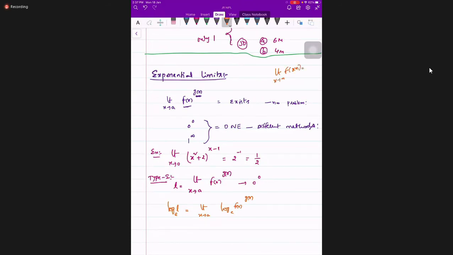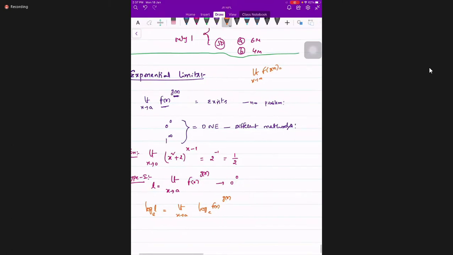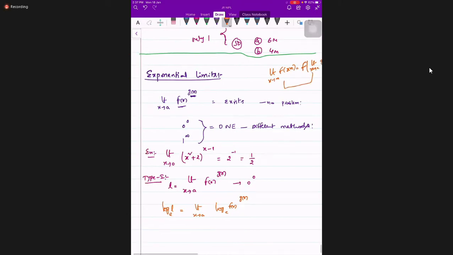What is the limit of f of g of x? I have written it like this, right? Same thing I am doing now. So log L to the base e equals, for the power, what can you write as the next step?